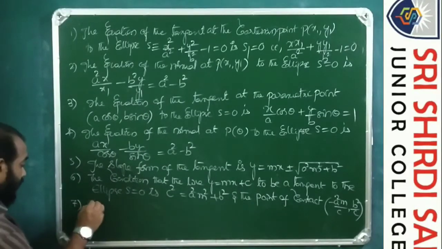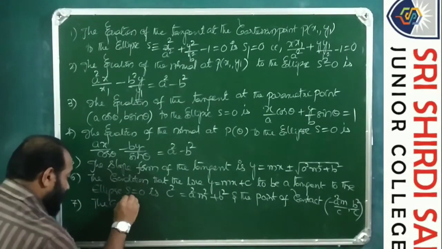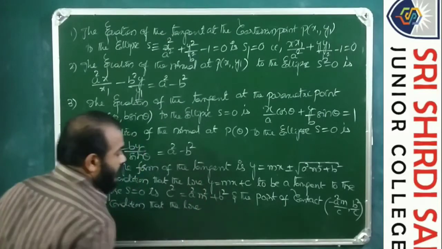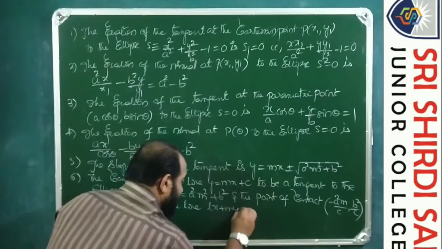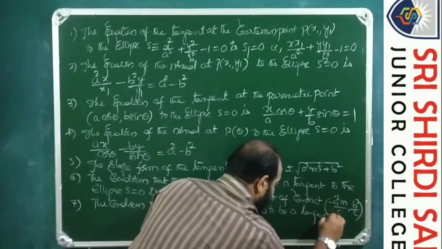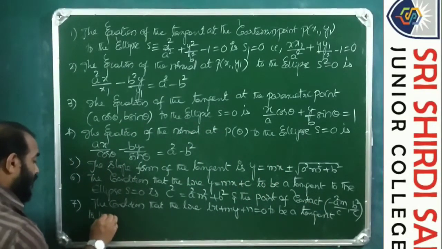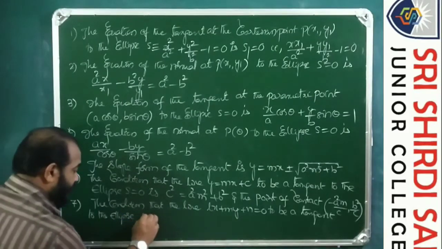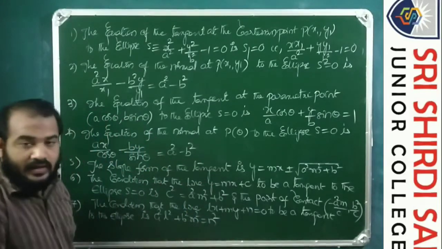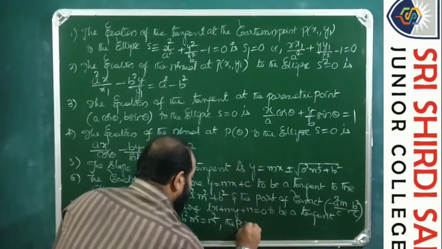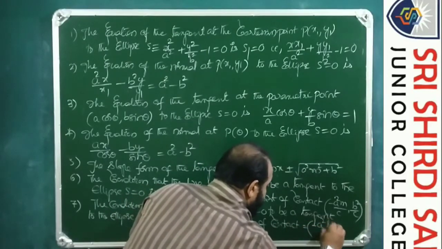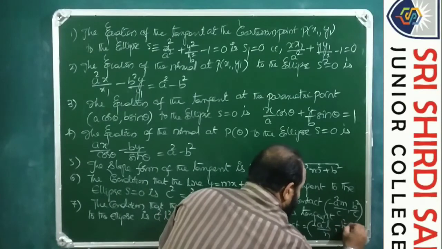And the condition that the line lx plus my plus n equals 0 is a tangent to the ellipse is a square l square plus b square m square equals n square, and the point of contact is (minus a square l by n, minus b square m by n).